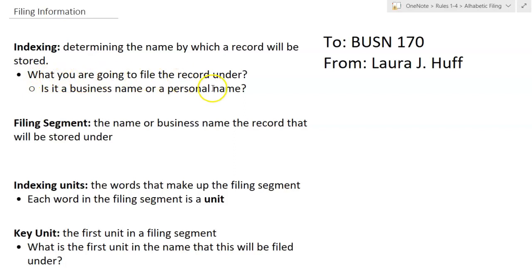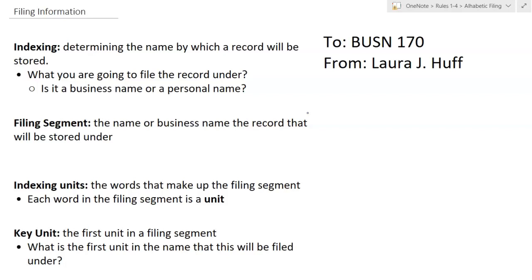What are you going to file the record under? And is the name a business name or a personal name? So in this example on the right here, I have a message from Laura J. Huff.